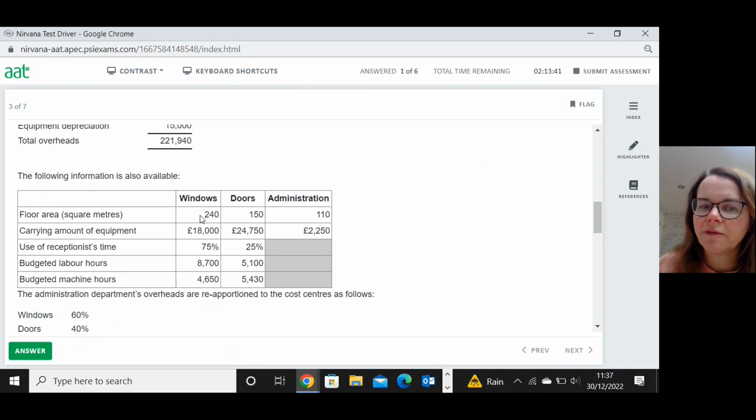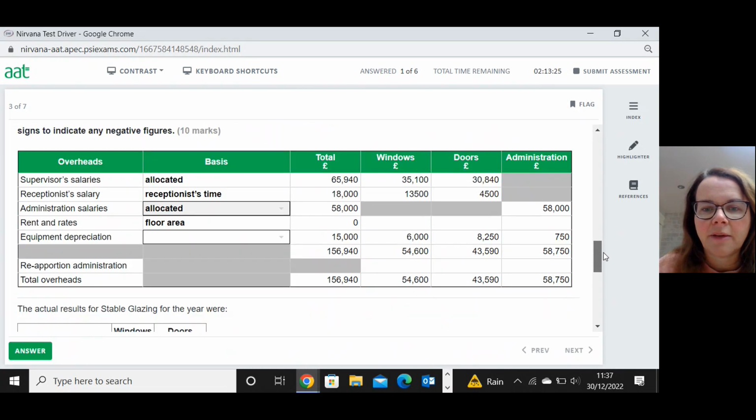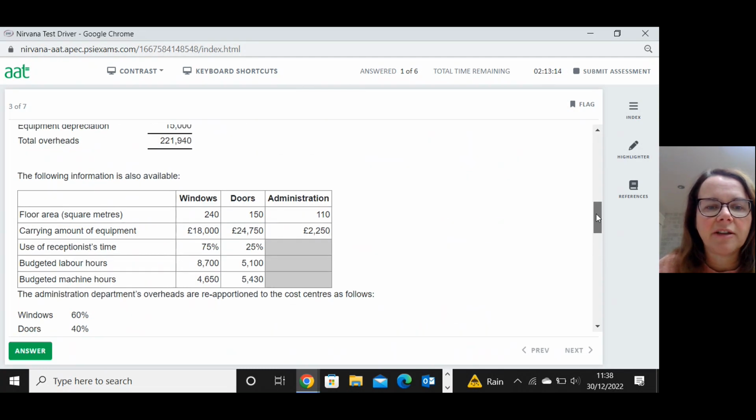So I'm going to do 240, divide by the 500, which is the total, and then multiply it by the rent and rates figure, the £65,000 that I'm trying to share out. That gives me an answer for the windows department of 31,200.